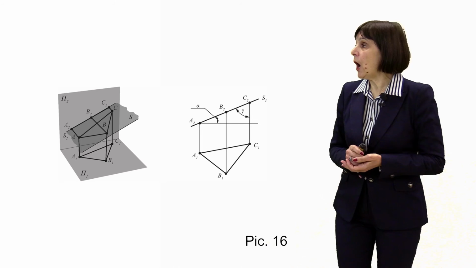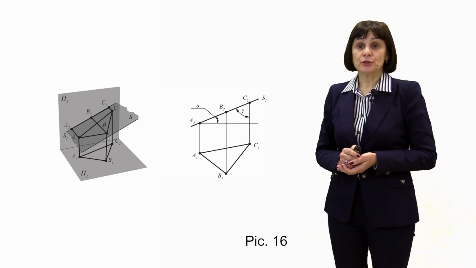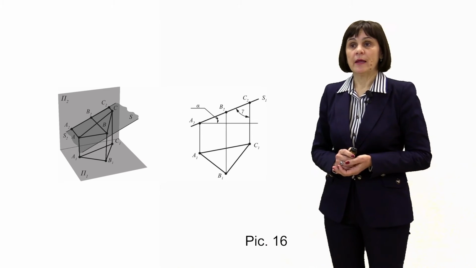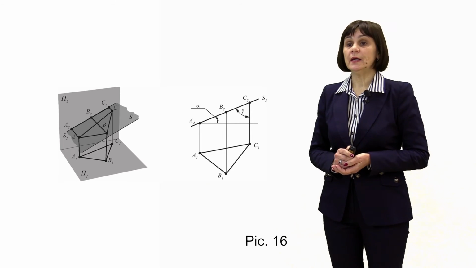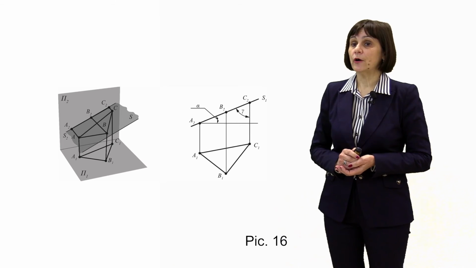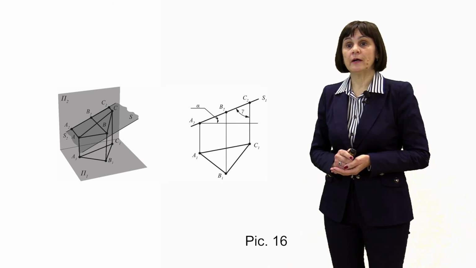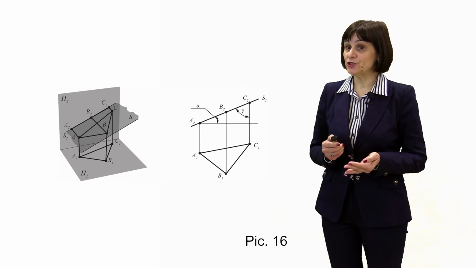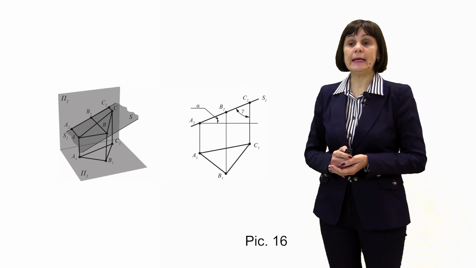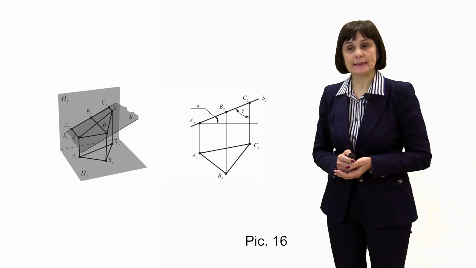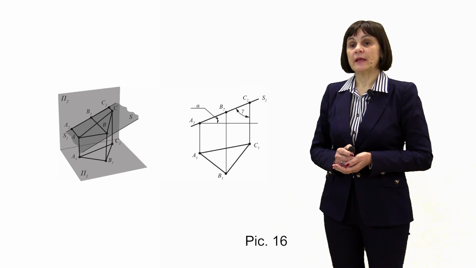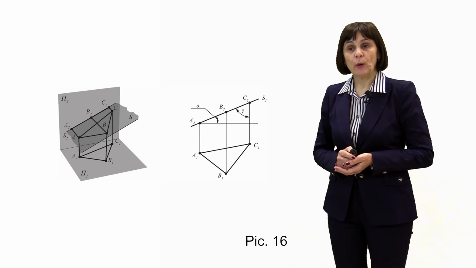So, on our right drawing, you can see that when we have the front projecting plane, it means that on the horizontal projection plane, we have the shape of triangle ABC in full size. We get the triangle A1, B1, C1.